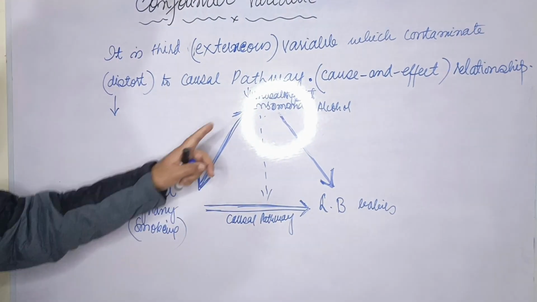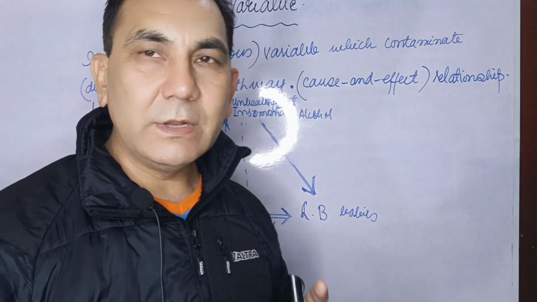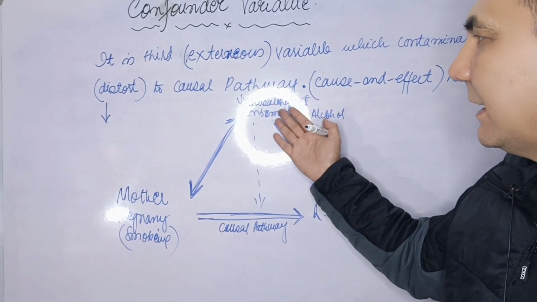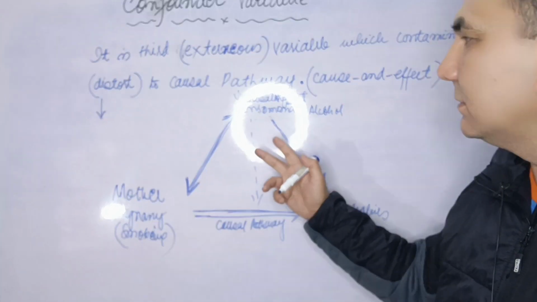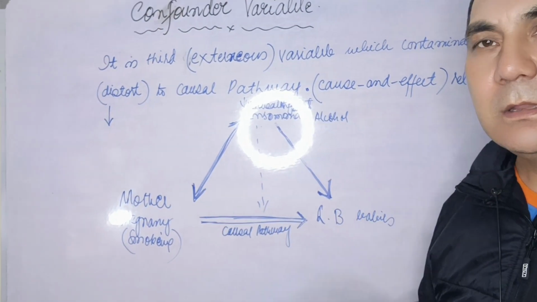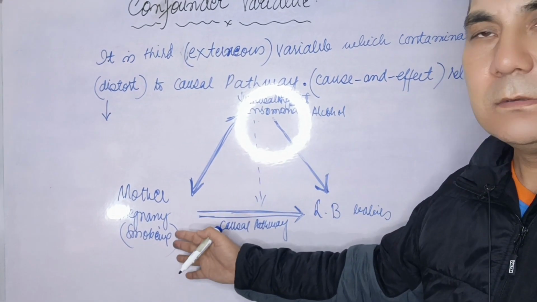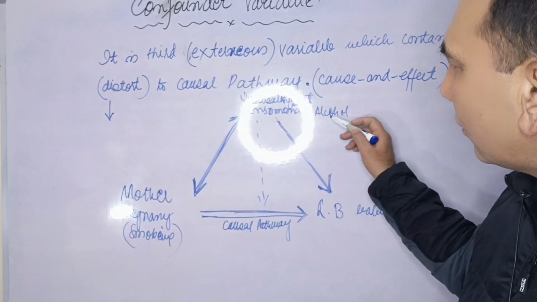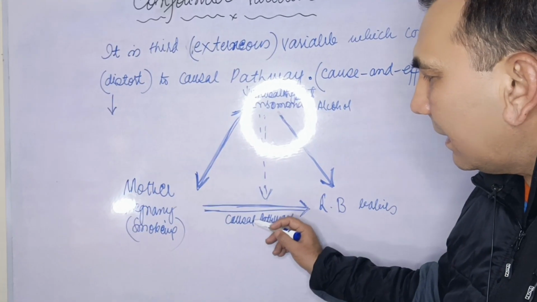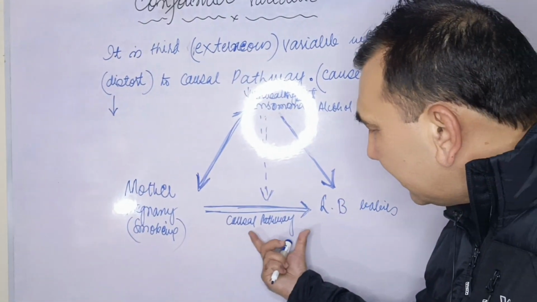They are taking unhealthy diets, they are suffering from insomnia, and they will use alcohol as well. So the unhealthy diet, the insomnia and the alcohol are the confounding variables which may distort the causal pathway, which makes it doubtful.